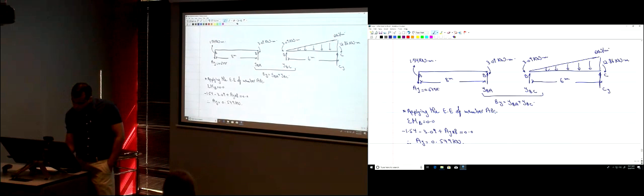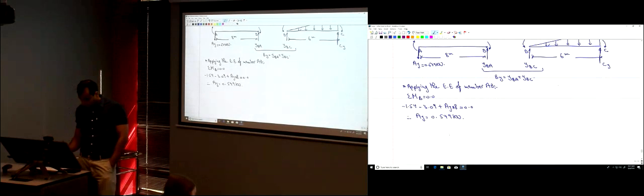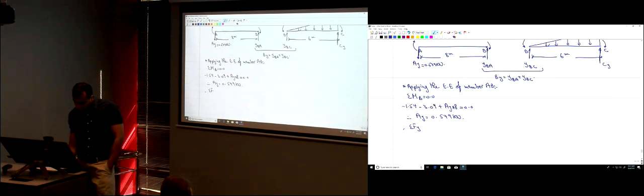AY was positive. That means that my assumption was correct. I assumed it's going downwards, so that's correct. Now the summation of the forces in the y direction is equal to 0. How much would YBA be?